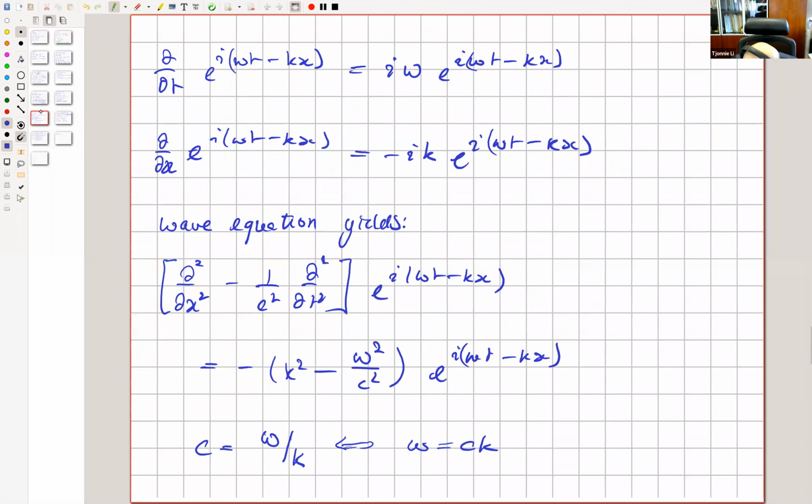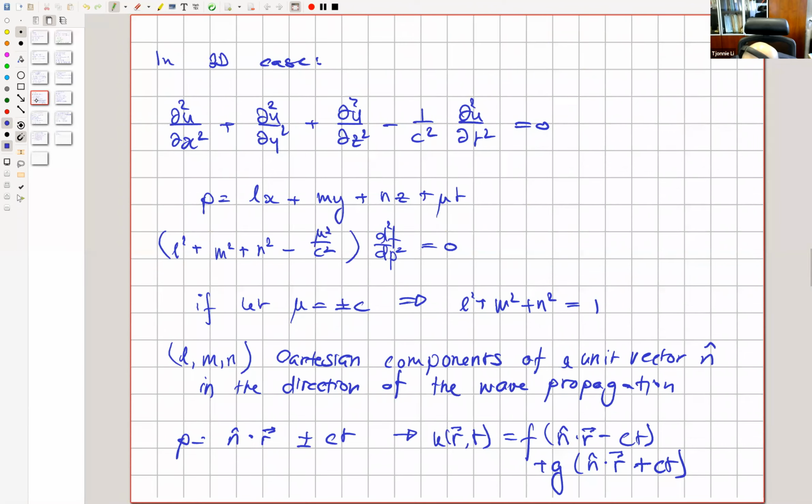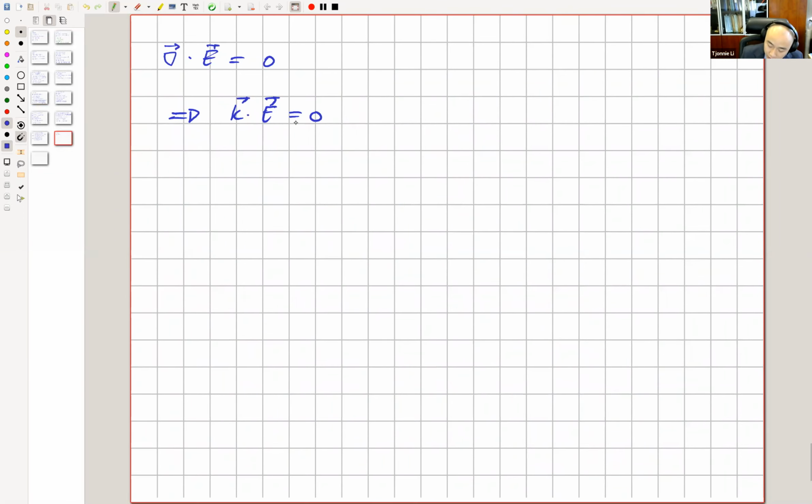We've seen that when I look at the three-dimensional case, I get this n hat dot r. So when I write it as k dot r, this is something that is in the direction of the propagation. And so when I look at this form over here, I see that k dotted with E equals 0.